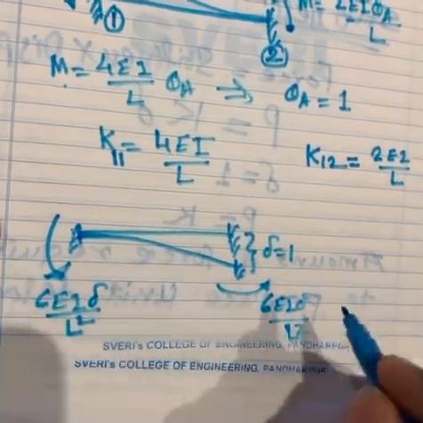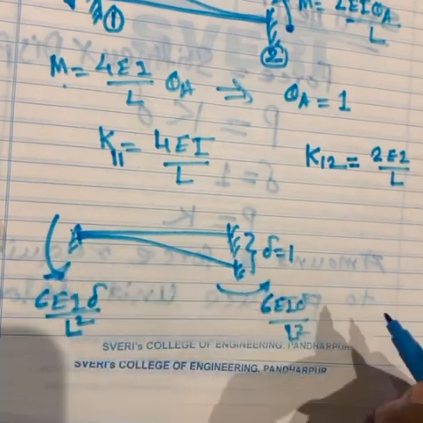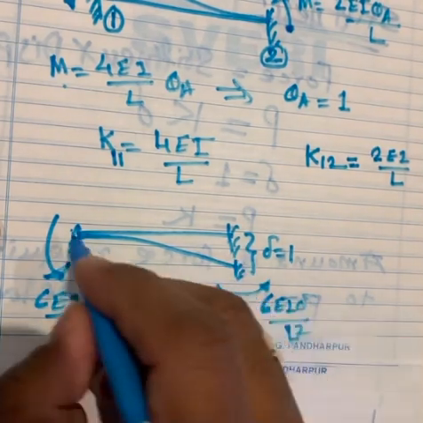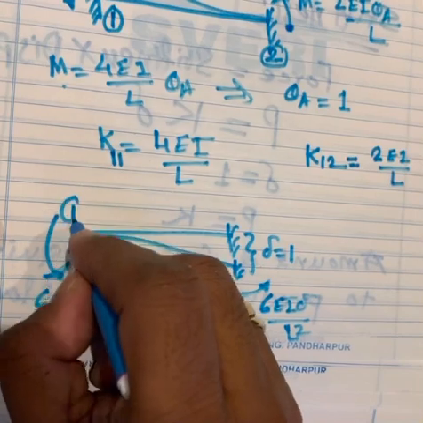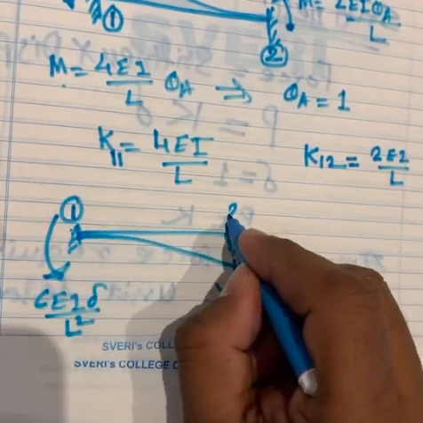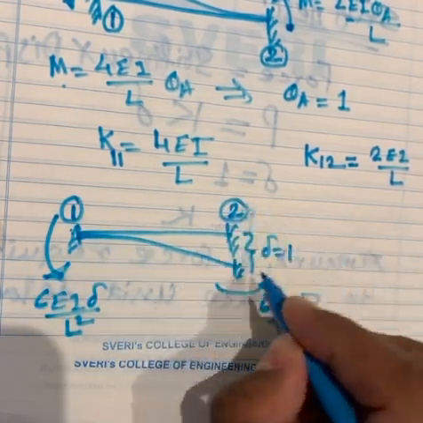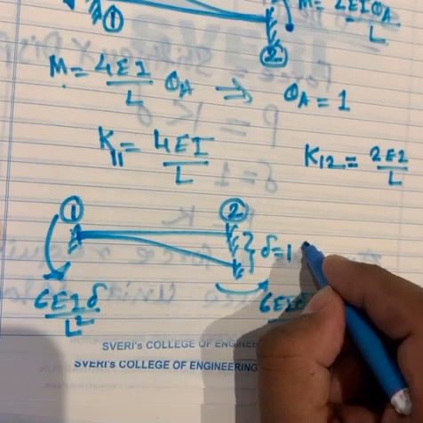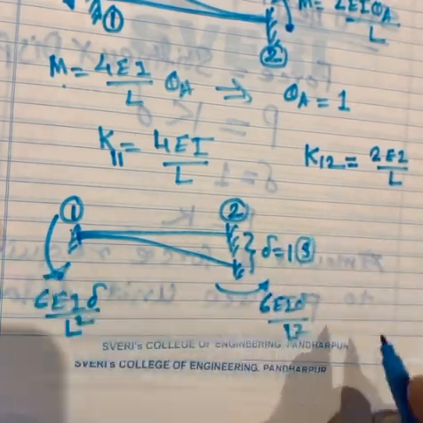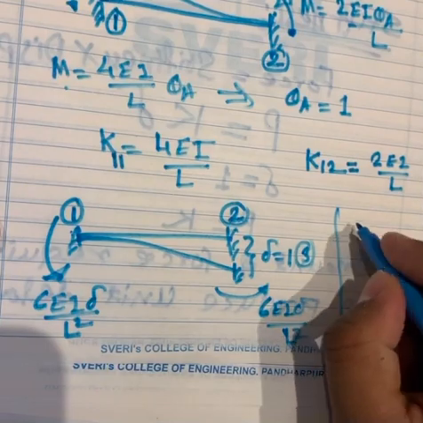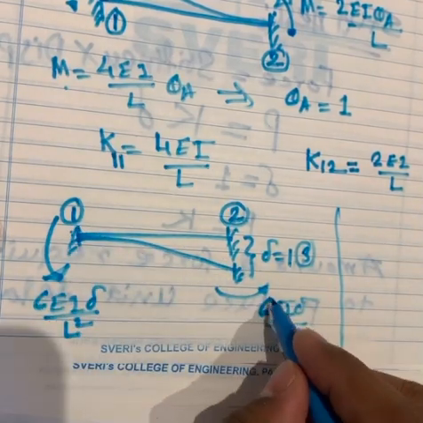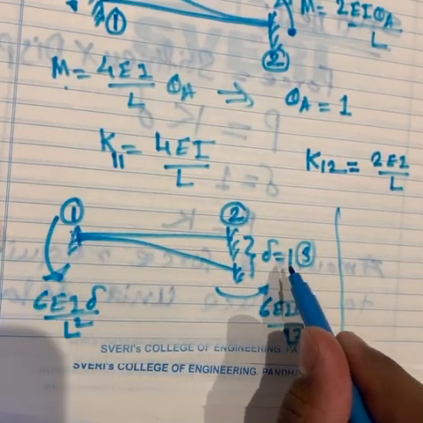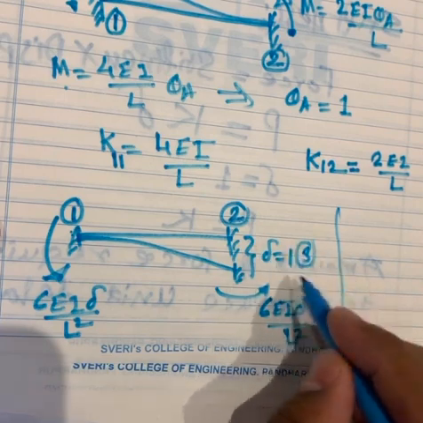So in this case, if we call this end 1, this is the second rotational, and then vertical will be the third direction. So how are we getting the stiffnesses here? It will be K13, because vertical deformation is third here.